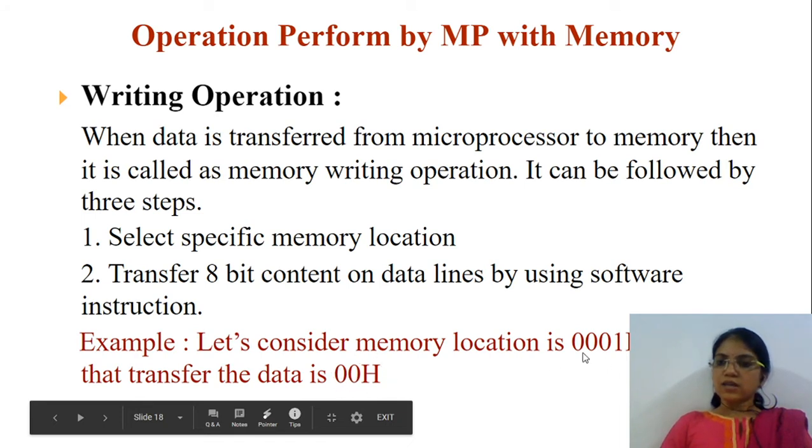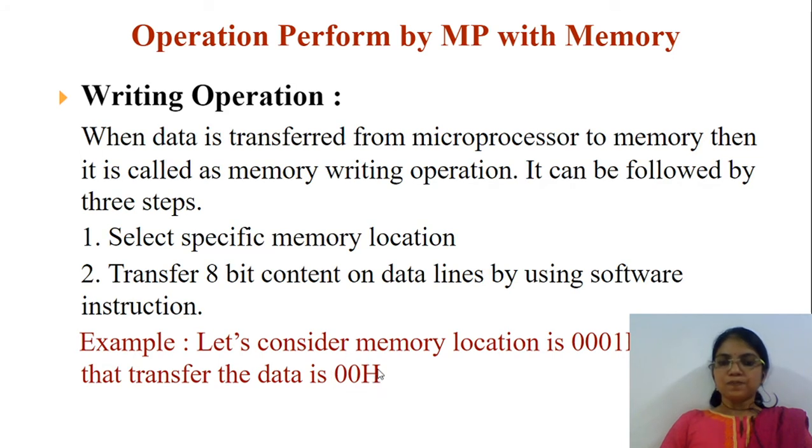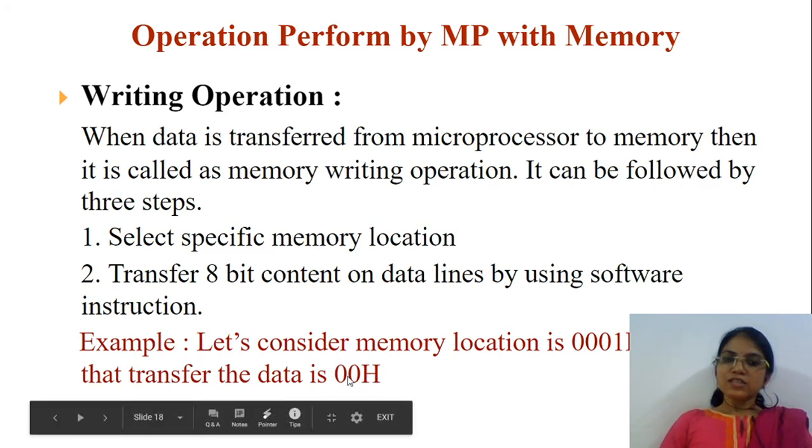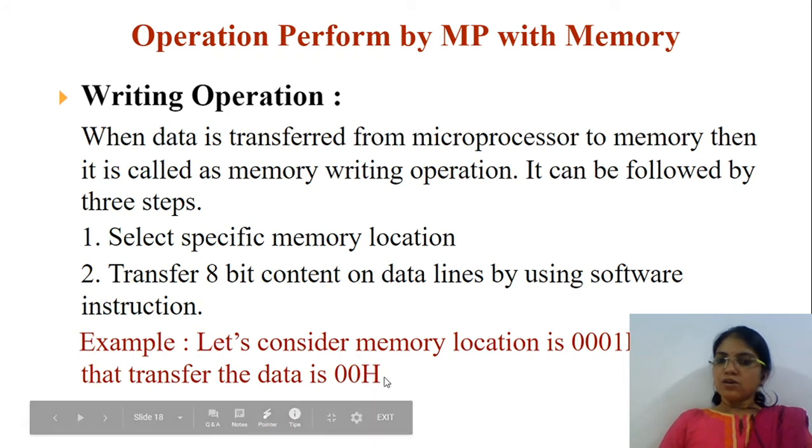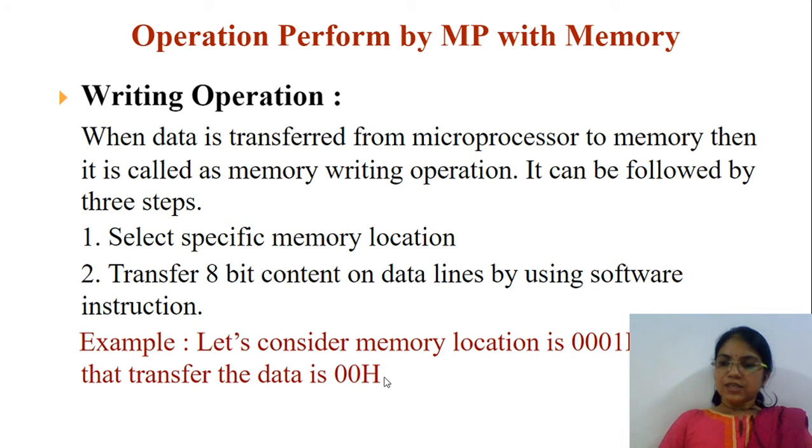We have first selected the address, the particular memory location, and now we want to transfer the content into that particular memory location, and our content is 00H. Content is nothing but our data. So in the second step, this 8-bit content is transferred on the data lines by using a software instruction.